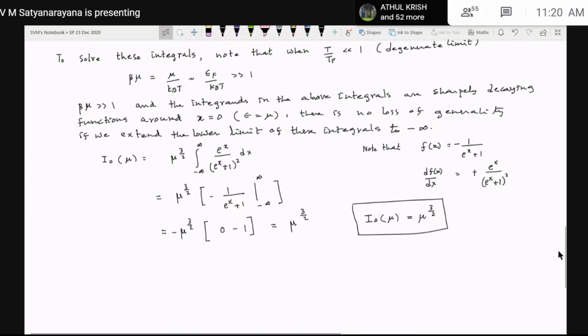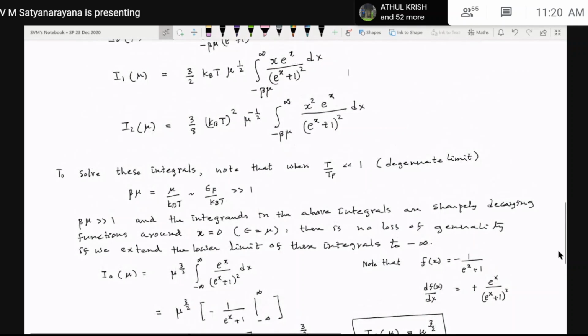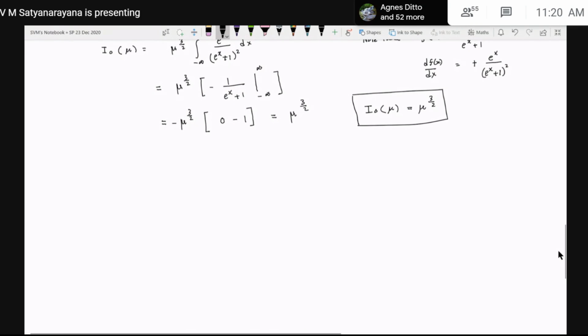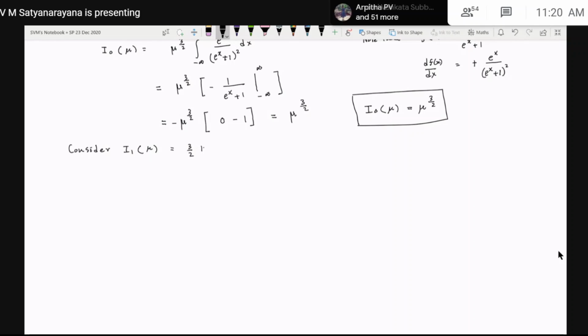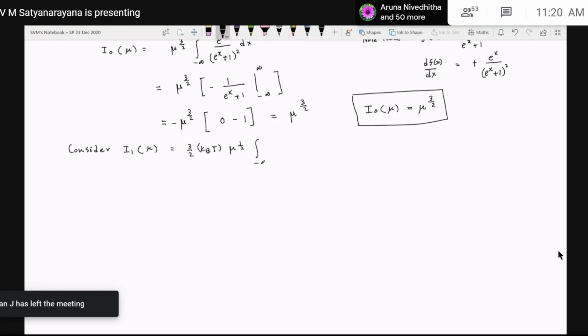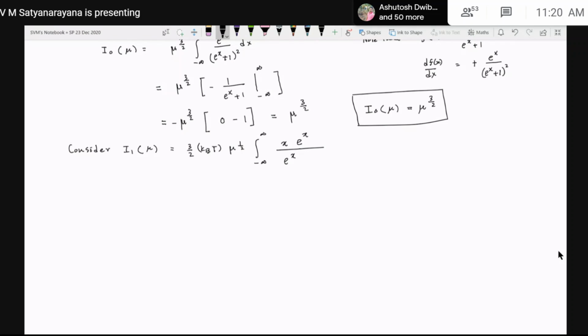I1 of mu is 3 by 2 kBT mu to the power half, integral from minus infinity to infinity of x into e to the x divided by e to the x plus 1 the whole square dx.